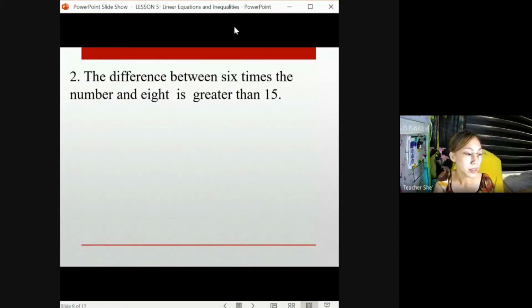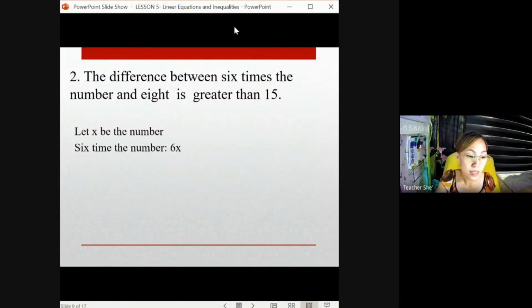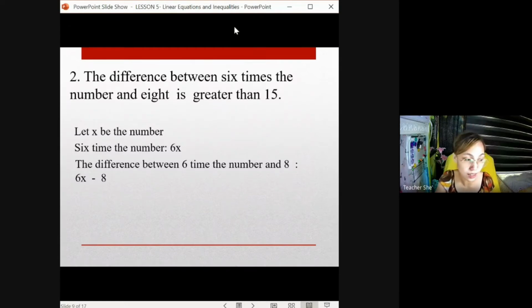Example 2. The difference between 6 times the number and 8 is greater than 15. Difference means subtraction. Let x be the number, and 6 times the number is 6x. The difference between 6 times the number and 8 is 6x minus 8.